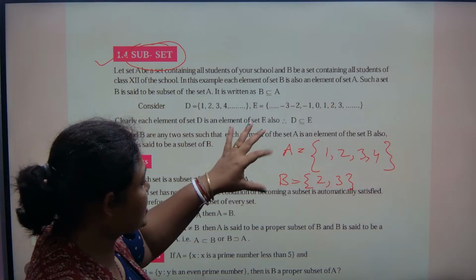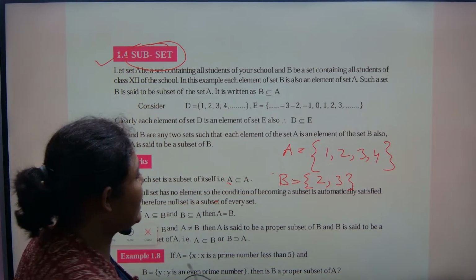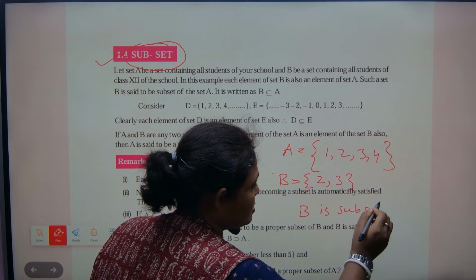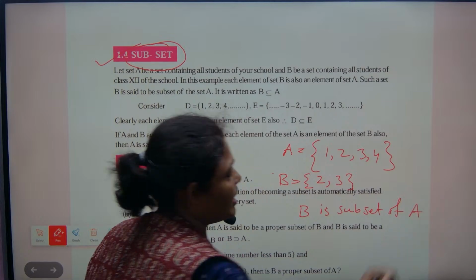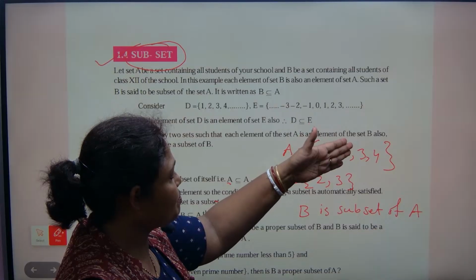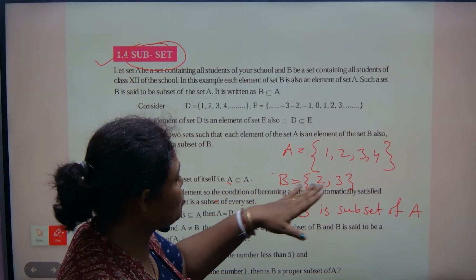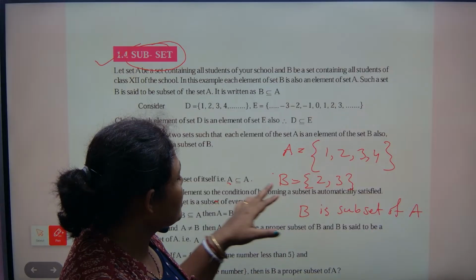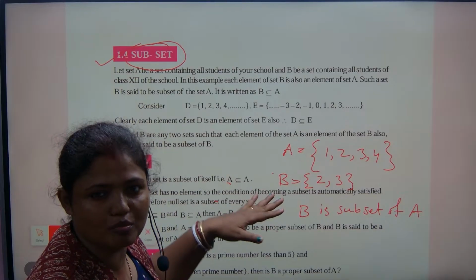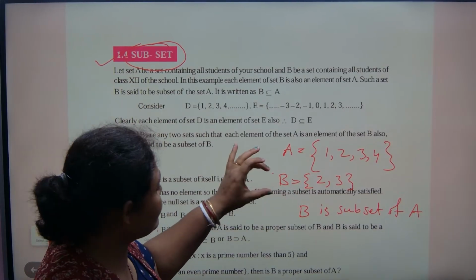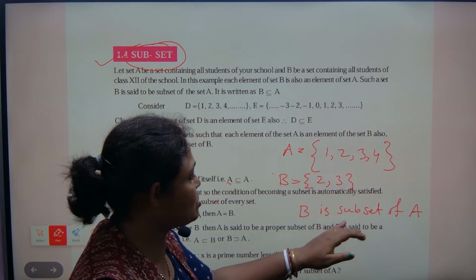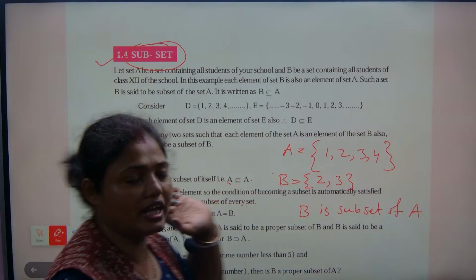Then this B set is a subset of A, right? All the elements of B belong to A, and the number of elements in B is lesser than the number of elements of A, and the elements of B also belong to A, then this B set is called a subset of A, right?